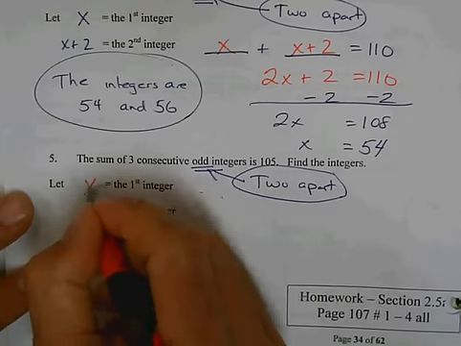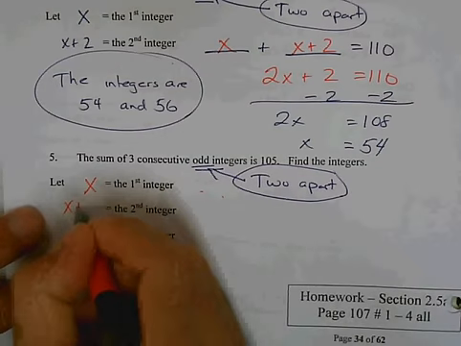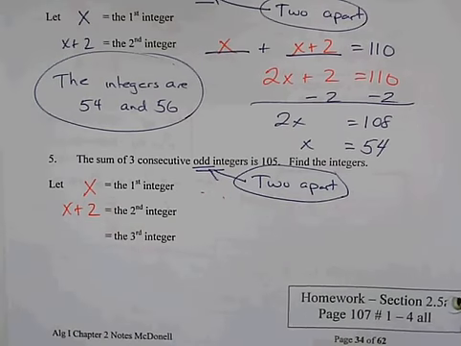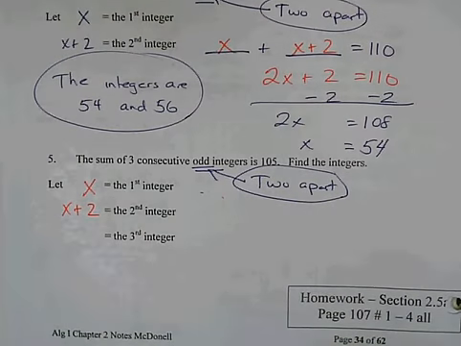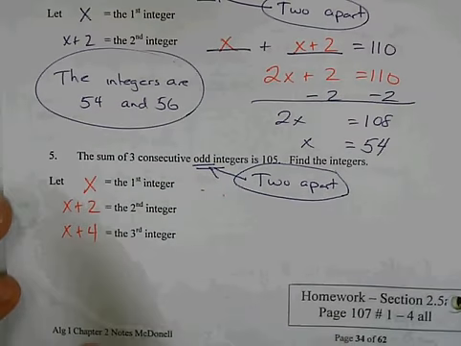Ashley, if our first one is x, how far is 1 away from 3? 2. So if that's x, what's that? X plus 2. Then what's the next odd integer? X plus 4.